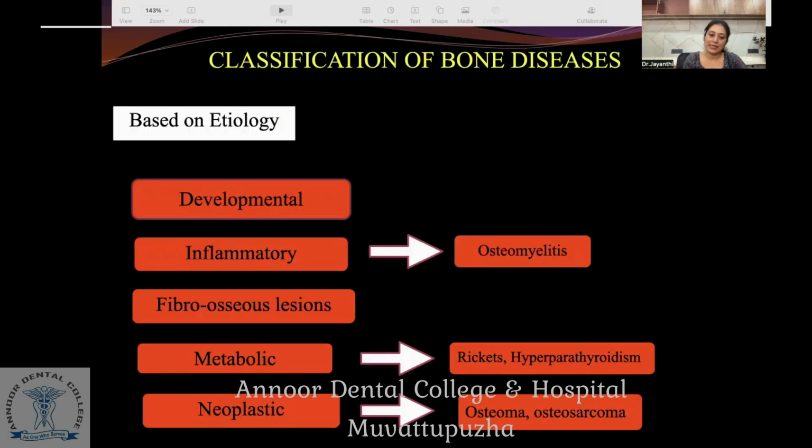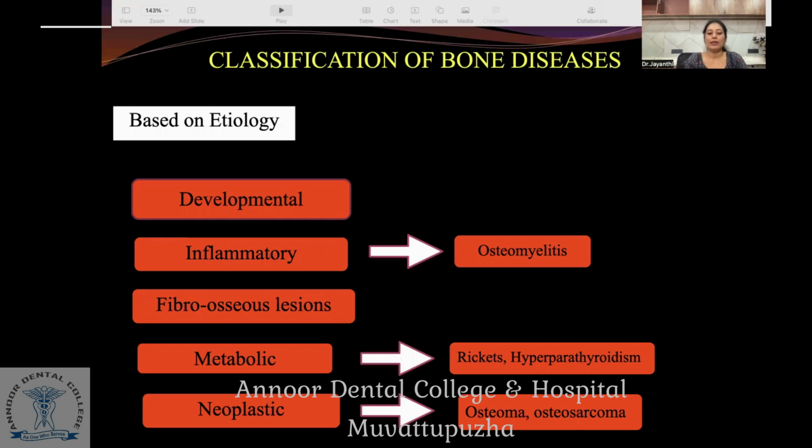Now, with this basics, we move on to the bone diseases per se. Just for our easy remembering, I have classified these bone diseases based on etiology into 5 groups. Either it can be a developmental disorder, which means as the bone is forming itself, there is some pathology happening in the bone. That's called developmental bone diseases.